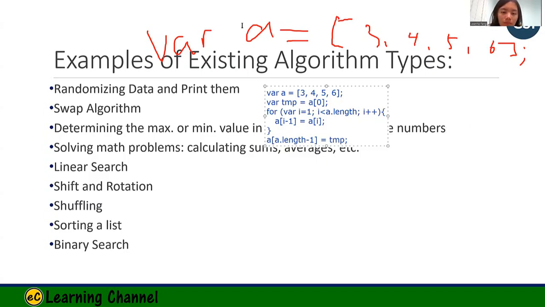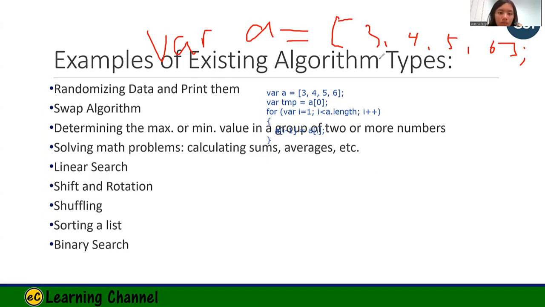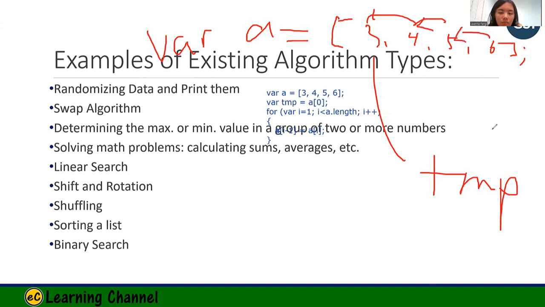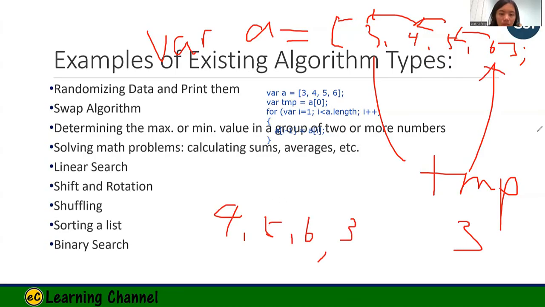Then this would finish the shift. Let's look at it. Initially, you back up this 3 to the variable temp. Then 4 to 3, 5 to 4, 6 to 5, and then temp is assigned to the end. That's 3. So you become 4, 5, 6, 3. Is that okay?